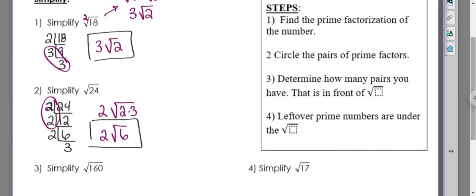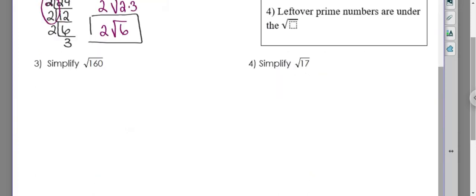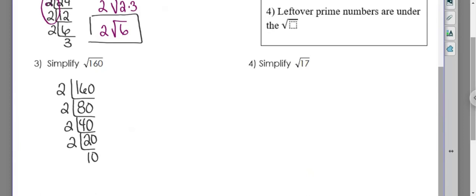All right. So if we look at 160, I can start by dividing that one by 2, leaving me with 80. And I just keep going with that number until I can't use it anymore. So 2. And we can keep dividing that by 2 till we get down to 10.